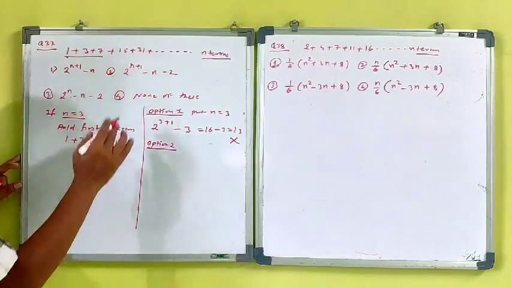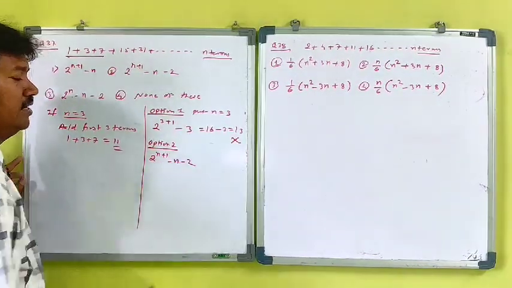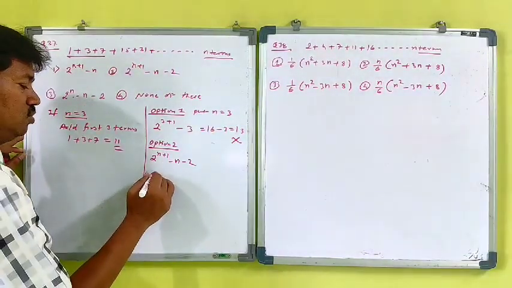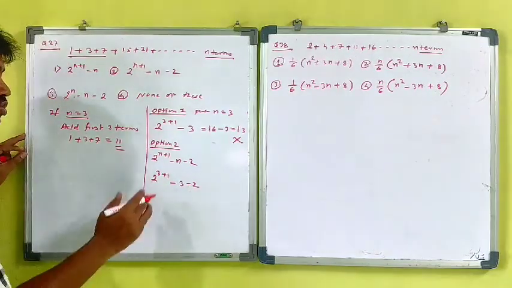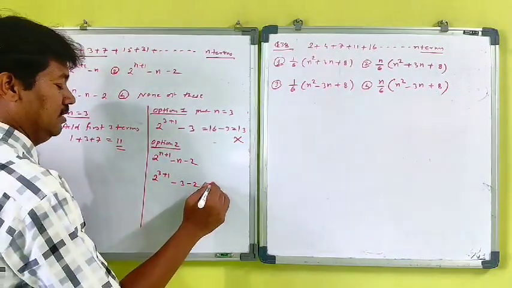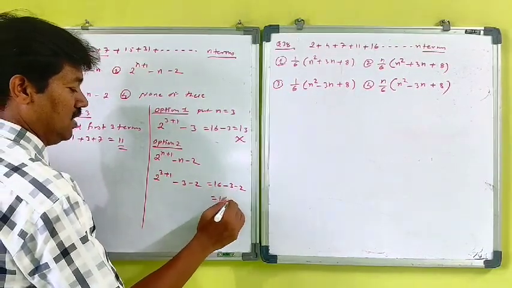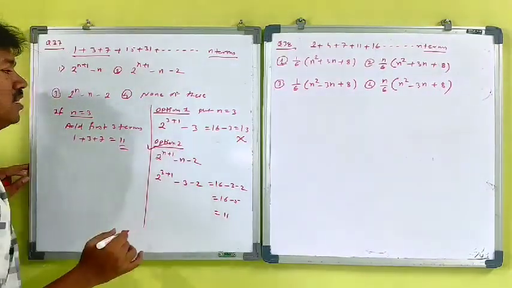It is 2 raised to n plus 1 minus n minus 2. If you put n equal to 3 in this, it becomes 2 raised to 3 plus 1 minus 3 minus 2. So that is 2 raised to 4, which is 16, minus 3 minus 2. That becomes 16 minus 5, which is 11. So it matches. So option 2 is the correct answer.